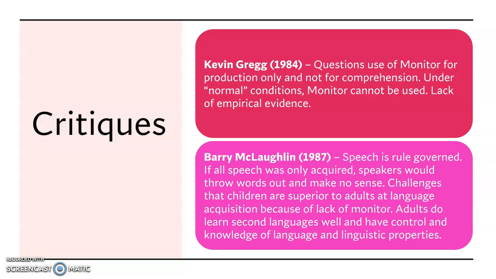Barry McLaughlin thinks speech is rule governed. So his idea is that if speech was only acquired, speakers would throw words out and make no sense ever. So he challenges the idea that children are superior to adults at second language acquisition because of their lack of monitor.